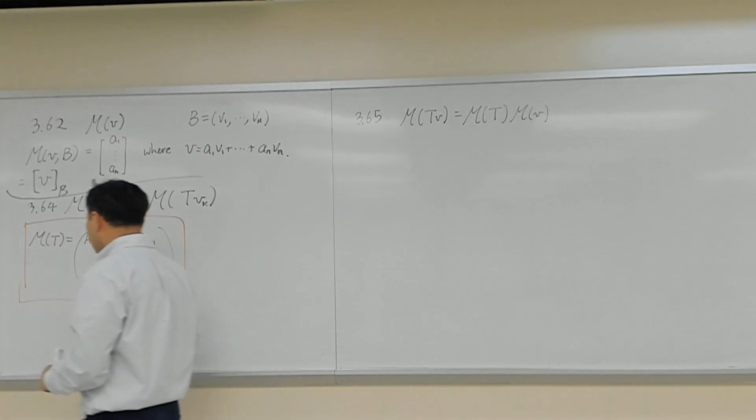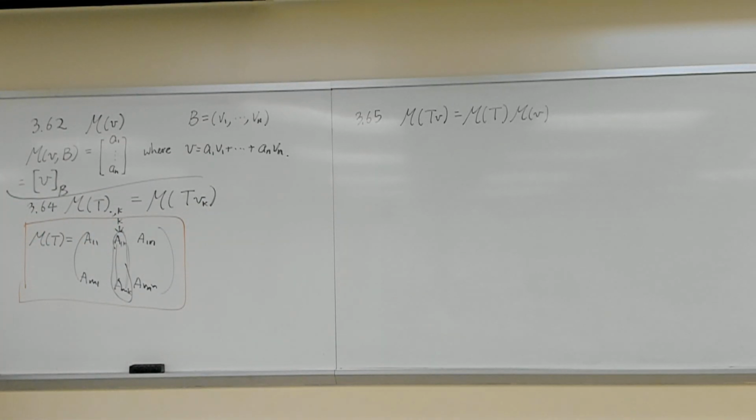And here, I'm really assuming that you have a basis. This is really M(T, B1, B2), where B1 is V1 through Vn, and B2 is W1 through Wm, the same kind of thing that we did before.